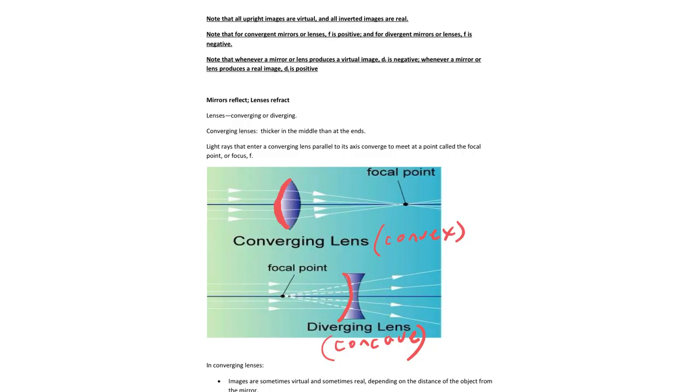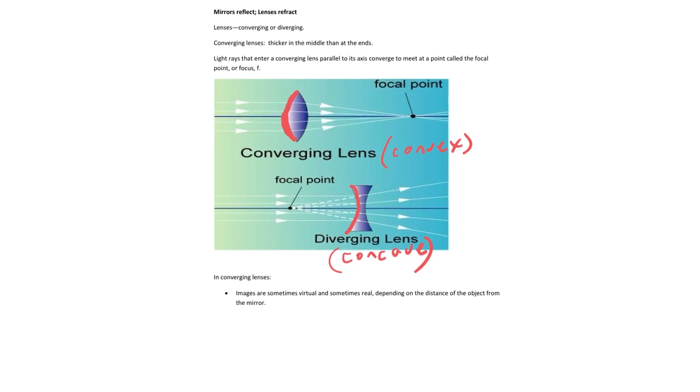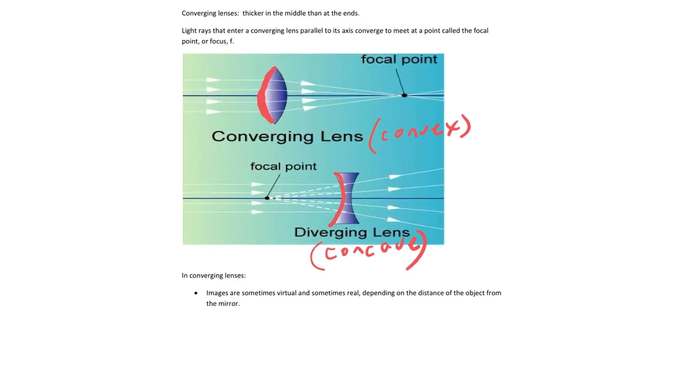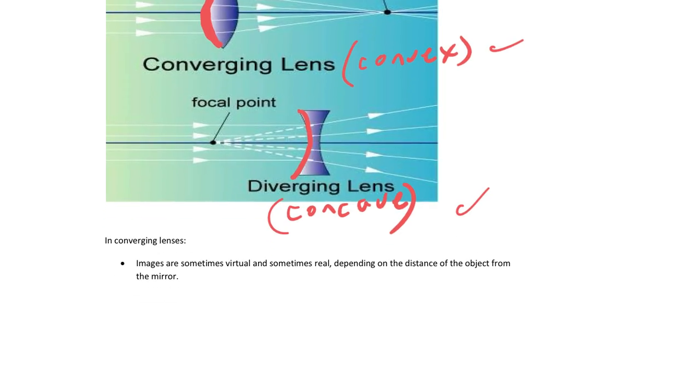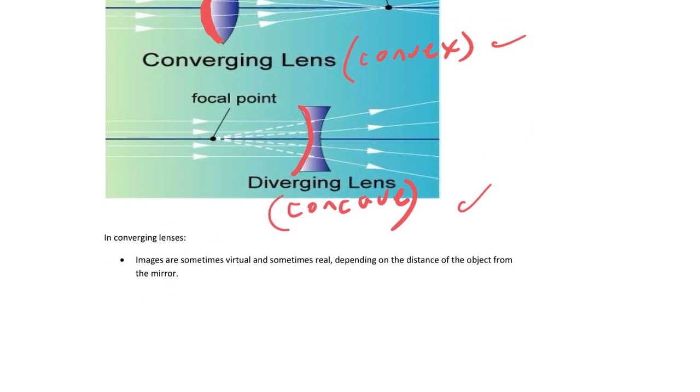Okay, lenses let light through. They don't reflect light. I mean, they do a little bit, but they let most of the light that hits them pass through. So there's that kind of difference. Now, it's very similar to mirrors except for what I just talked about, convex and converging being different for mirrors.